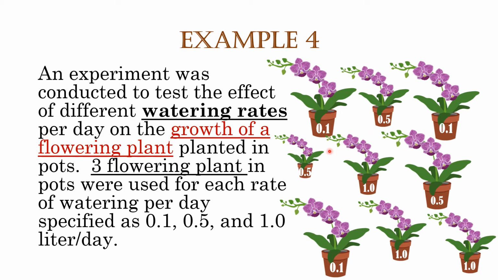Three flowering plants in pots were used for each rate of watering per day, specified as 0.1, 0.5, and 1.1 liter per day.